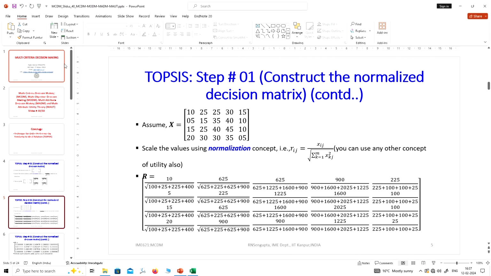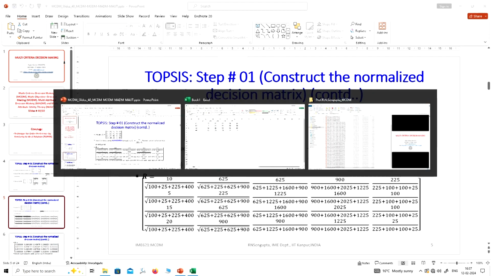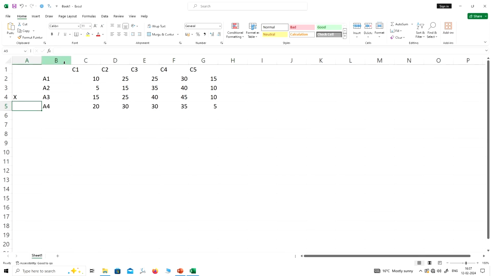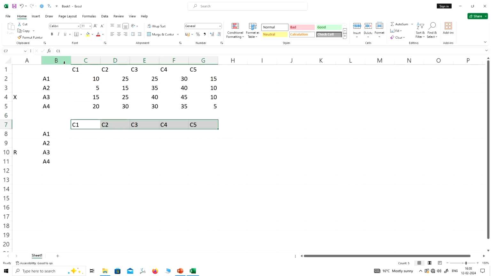Now, for the normalization which is done here, let me consider first R. I am going to consider normalization happening for the criteria.